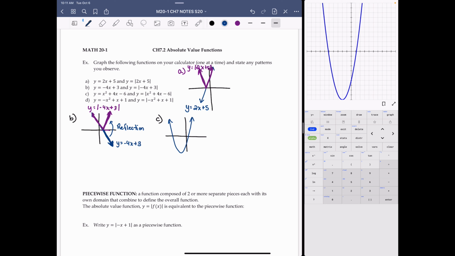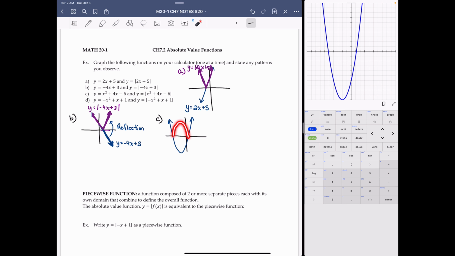So what do we think the absolute value of this function is going to look like? Anything that's below our x-axis is going to be reflected up. So this portion down here that's below our x-axis is going to be reflected above the x-axis.